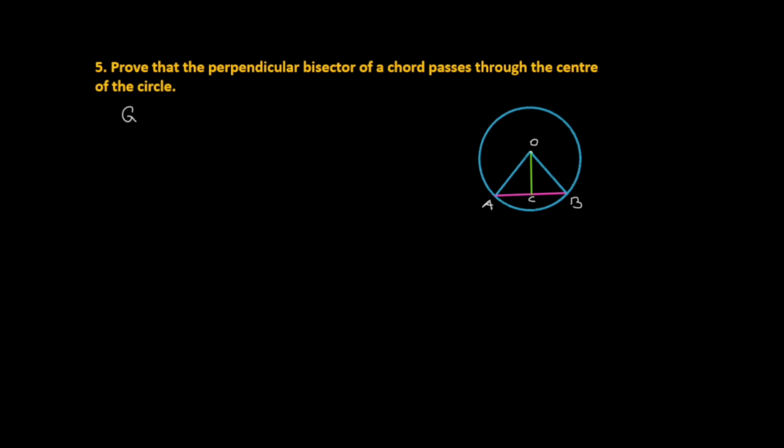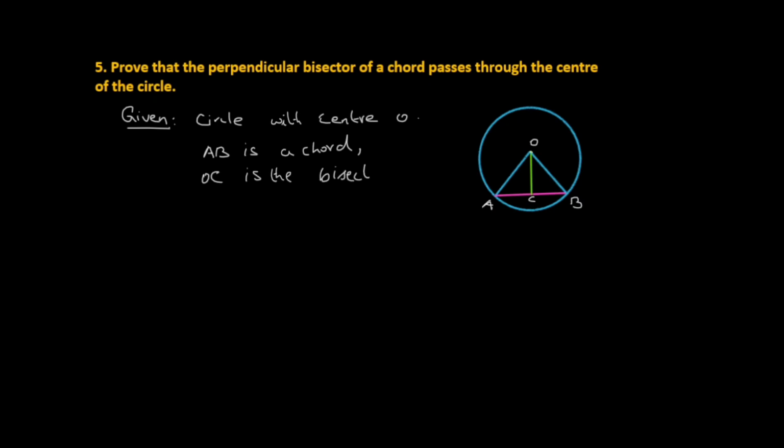So here, given a circle with center O, AB is a chord and OC is the bisector of AB.